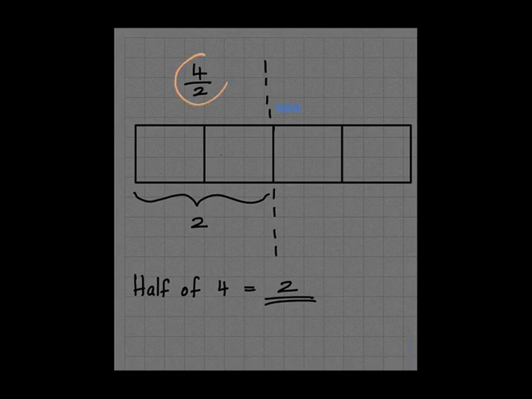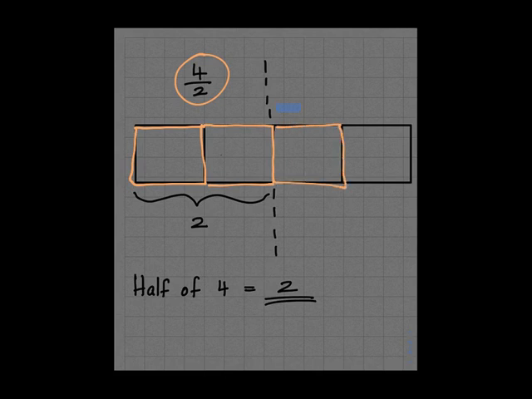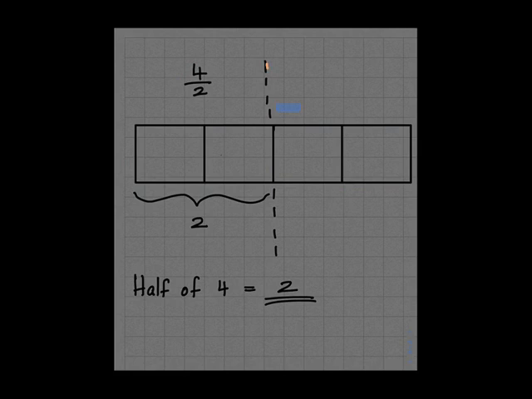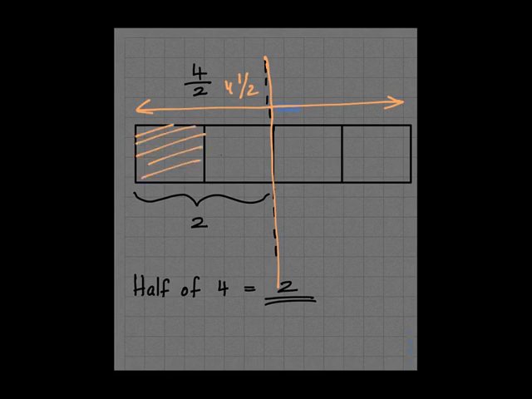Now let us see half of 4 by 2. To show that, I have drawn a drawing which has 4 boxes. So we are going to divide the 4 boxes into half, into 2, right? So when I divide the 4 boxes into half, so the whole is 4 by 2, and when I divide it, I get one whole box and another whole box.